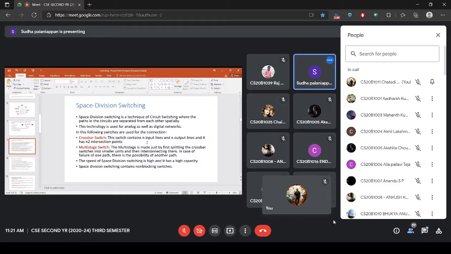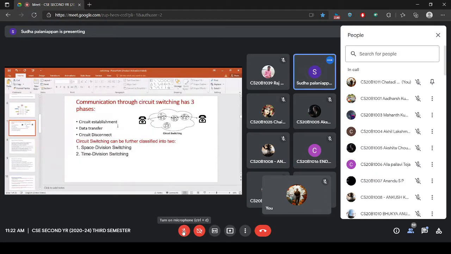It will consist of rows and columns. Excuse me, one moment, ma'am. Is my voice audible? It is not audible, ma'am. Okay, I'm talking about space division. Up to this slide, is it clear?